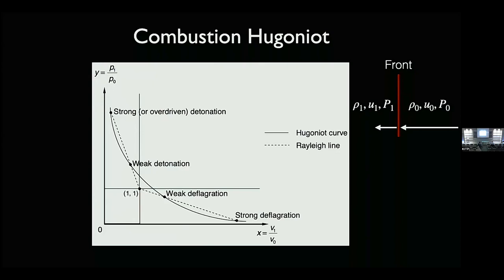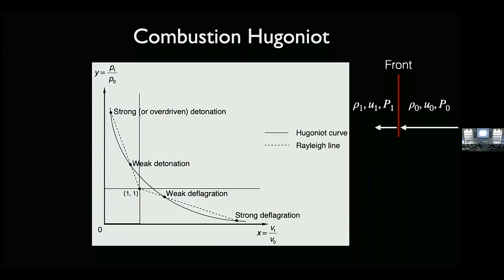This specific version of that plot shows the pressure on the vertical axis, scaled to the pre-front pressure, and on the horizontal axis, the specific volume, that is, of course, inverse density, scaled to the original pre-front specific volume. So the 1,1 point that's shown here is simply the pre-front condition.